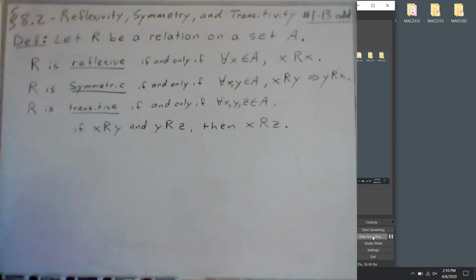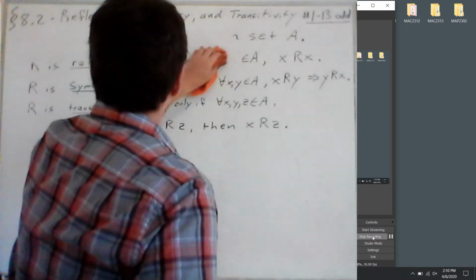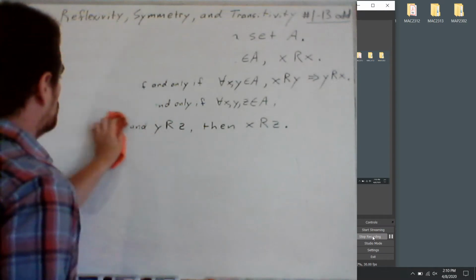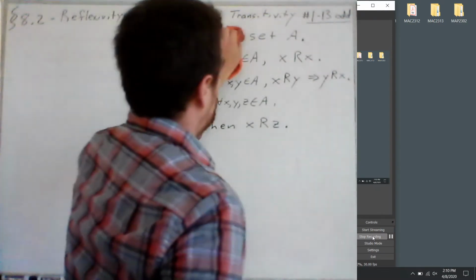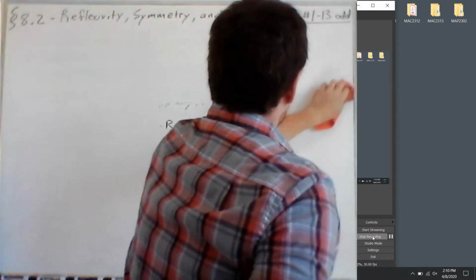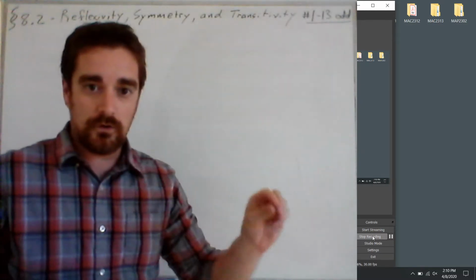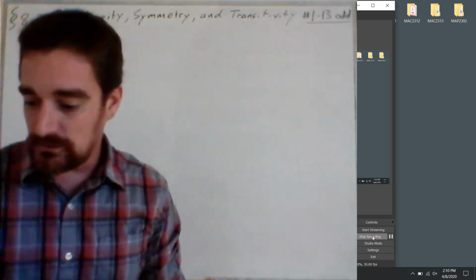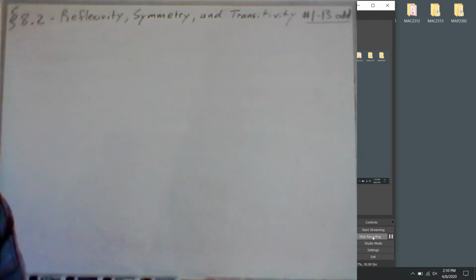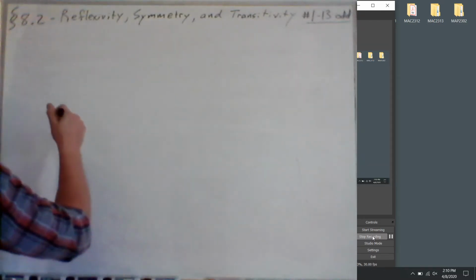So we'll start off with a nice example where we can actually draw a directed graph, which we saw in the last section, 8.1. Since we're only talking about one set A, we can draw these nodes and draw a directed graph to see if we have reflexivity, symmetry, or transitivity.